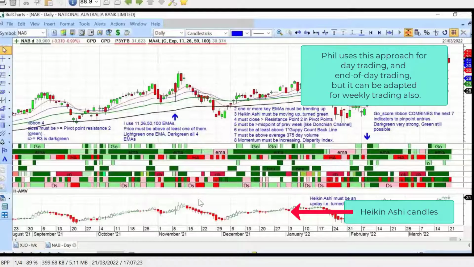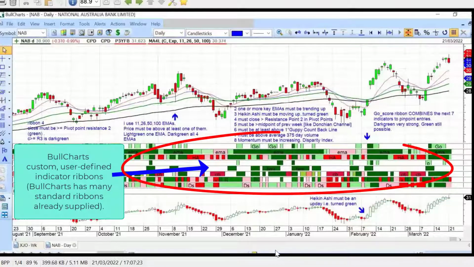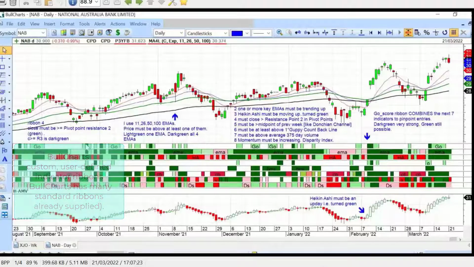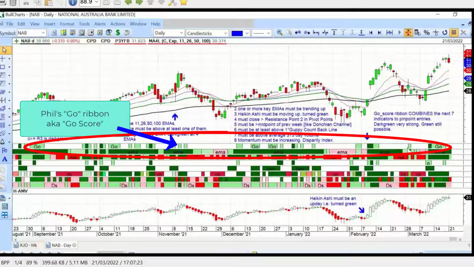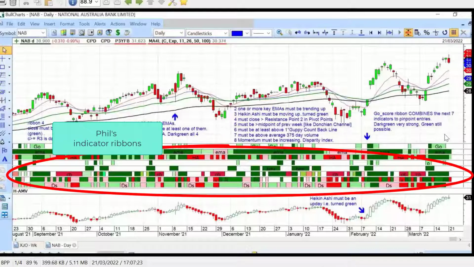I've added bits and pieces so that I can show you how the scan works a little bit. The important ribbon here is the one at the top. I call it my Go ribbon, Go for it ribbon, Go Score ribbon, which combines the next 7 indicators down below here to pinpoint entries.